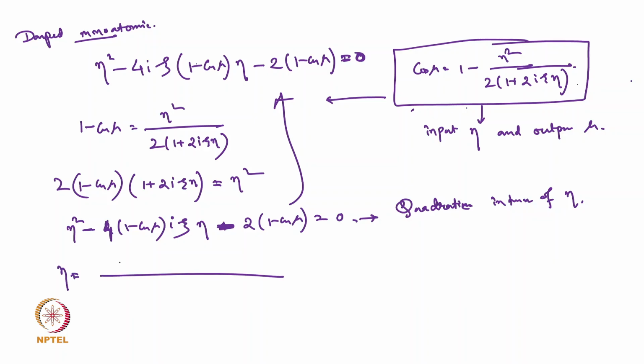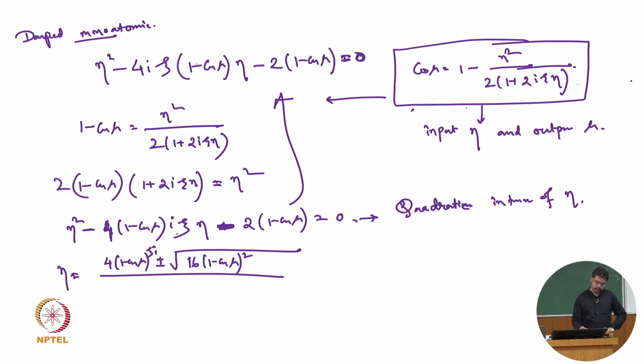We can write eta equals minus b plus or minus the root of b square minus 4ac, divided by 2a, where a is 1 and c is 2 into (1 minus cos mu).